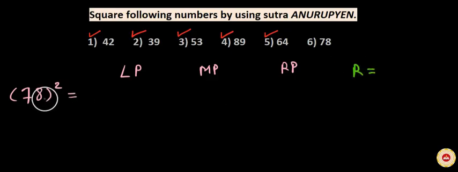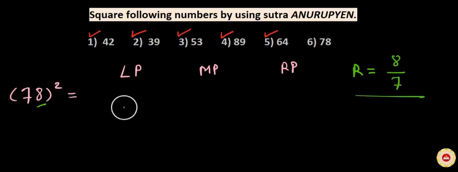Ratio of these two digits: digit at units place upon digit at tens place. Step number 1, calculating the left part. Left part is the square of the digit at tens place. What is that digit? 7. So write the square of 7 in the left part.